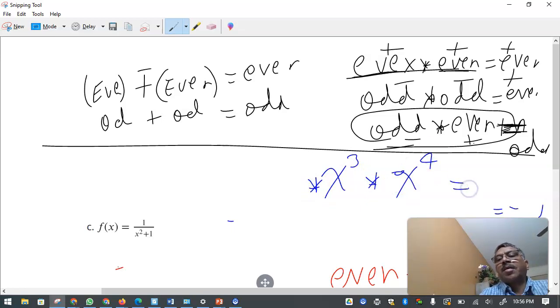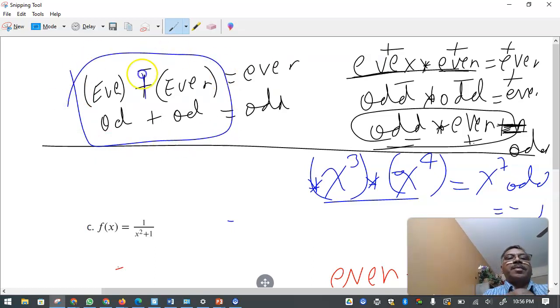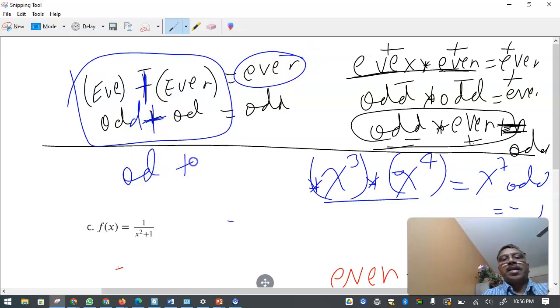This is separately an odd function, this is even, you get x raised to 7, and that is odd. One thing is, if you have both even, it gives you even with plus and minus, and the same with odd and odd, but if it is odd and even, then neither. So you get neither even nor odd. Those are the ones we'll see in the next problem.